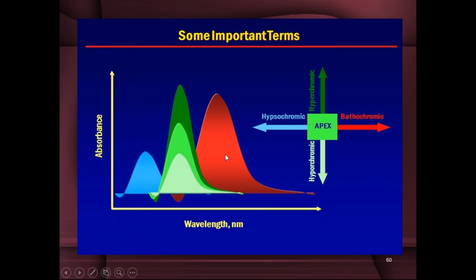If the peak shifts to the right, to longer wavelengths, it's called bathochromic shift. If the peak shifts to the left, that is shorter wavelengths, it's called hypsochromic shift. If the peak increases in height or intensity, it's called hyperchromic effect. And if it decreases in height or intensity, it's called the hypochromic effect.